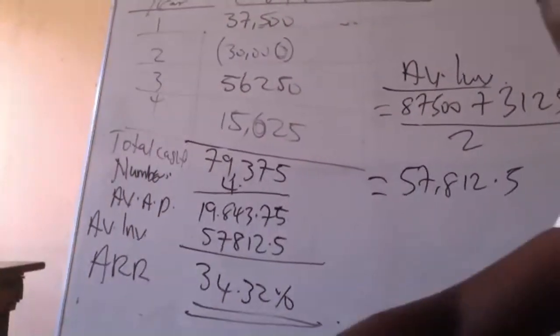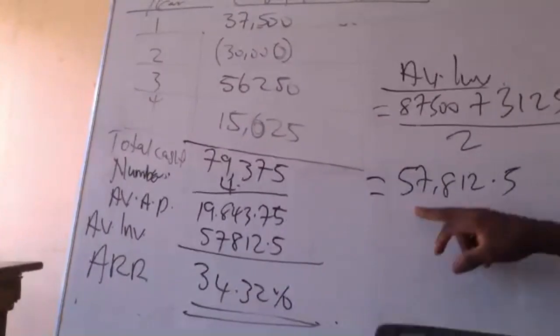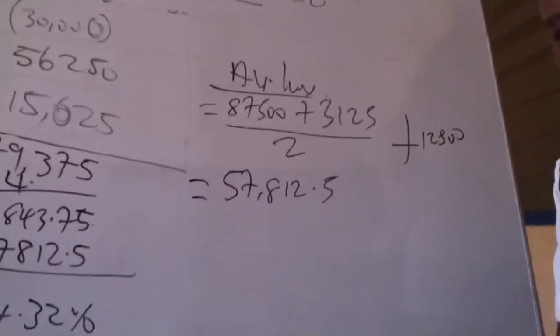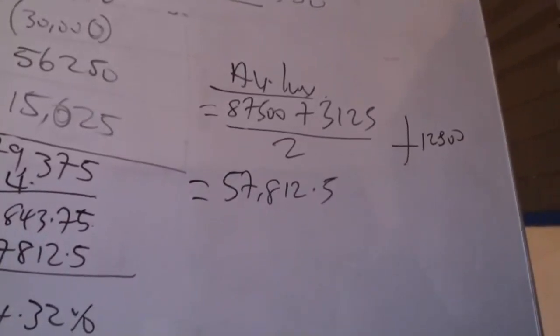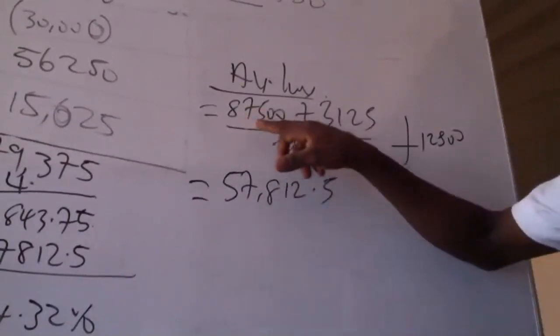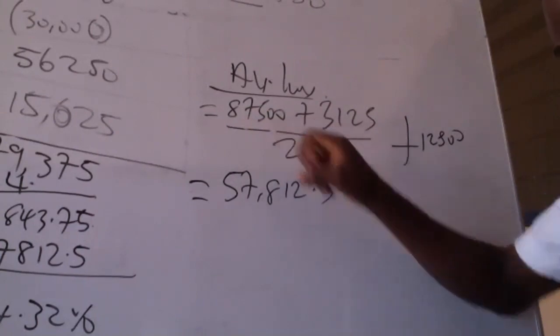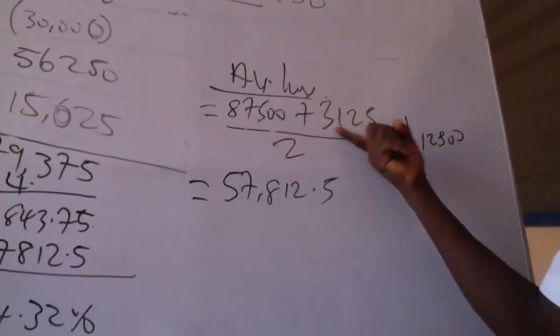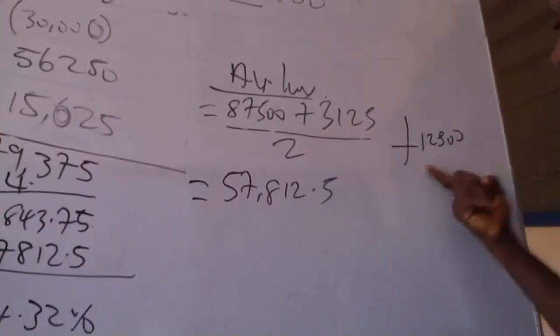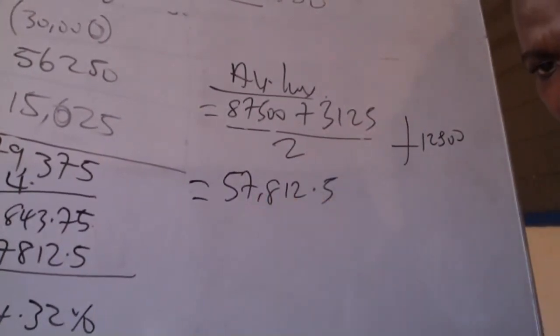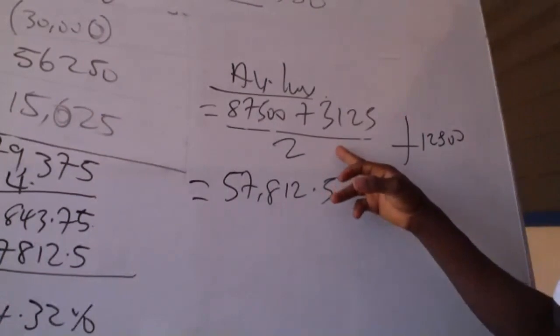Good, that's fine. There's another question here, let's see, the 57.8. This is the calculation. What is the initial investment, or what is the initial cost? It's 87,500. Good. Plus the scrap value divided by 2. So this answer plus this. I think we had 57. You had 51. This is the breakdown.